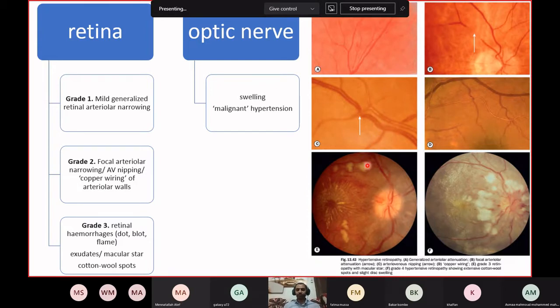Grade 3, you start to find that there is a breakdown of the inner blood retinal barrier. So you may find some hemorrhages, flame-shaped hemorrhages, or dot and blot hemorrhages. By the way, what is the location of those flame-shaped hemorrhages? Are they in the outer retina or the inner retina? What do you think?